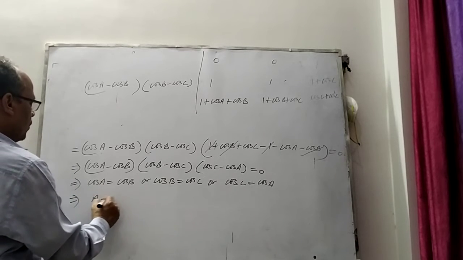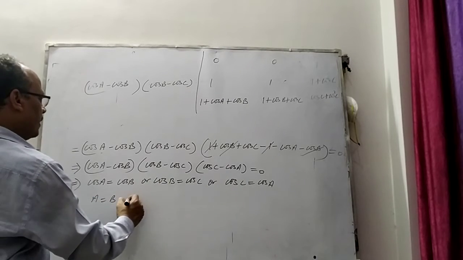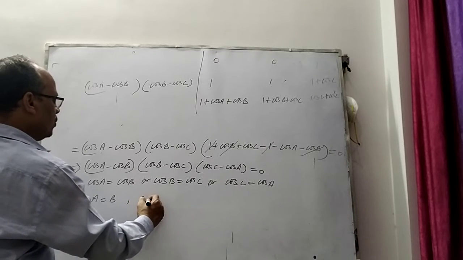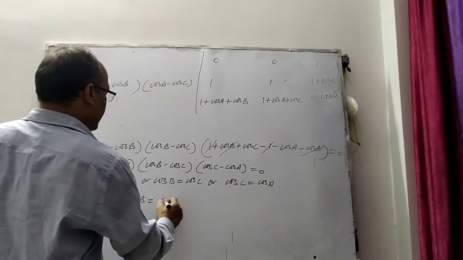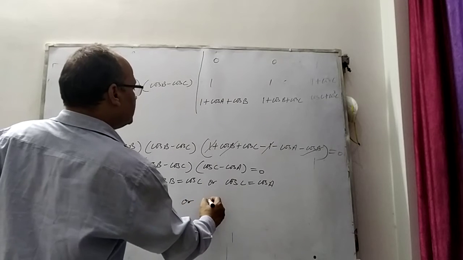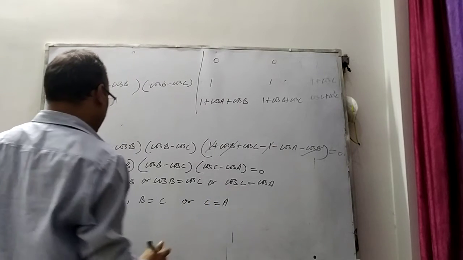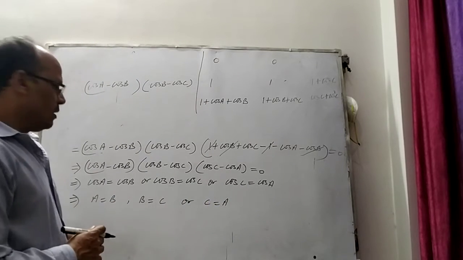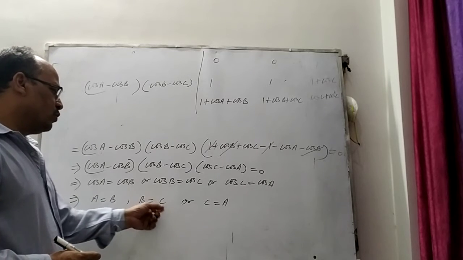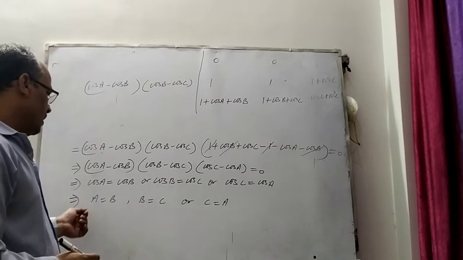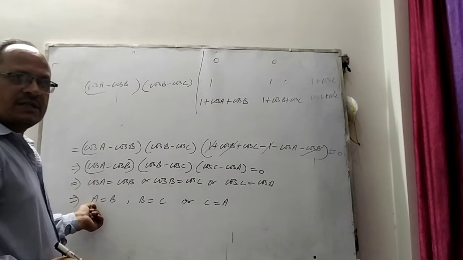A equal to B, B equal to C, or C equal to A. If any two angles will be equal, A equal to B, B equal to C, A equal to C, any what will be here? From this A equal to B.